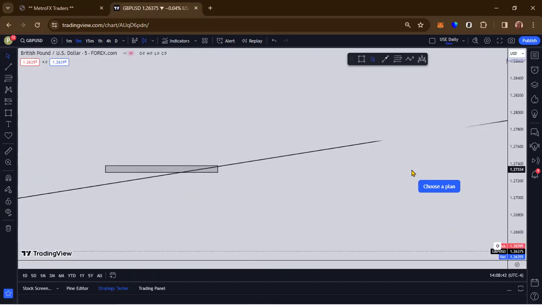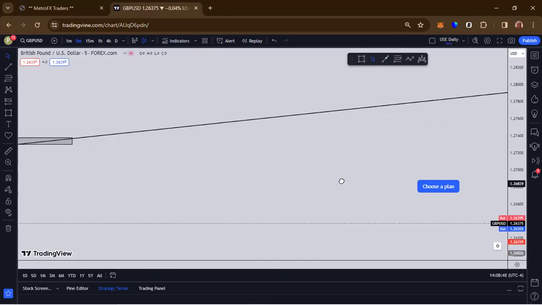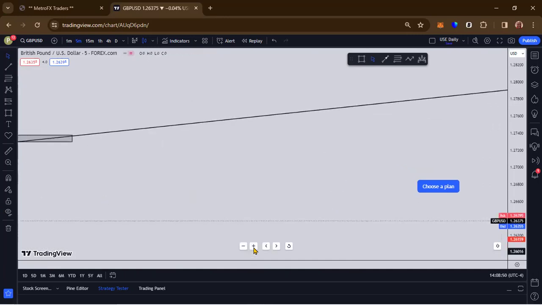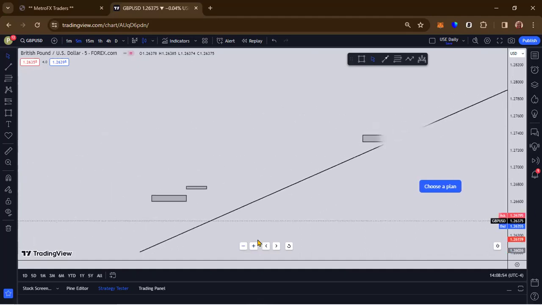Okay, here they are. Oh, it's not letting me go that far back. TradingView is not letting me go that far back. All right, so basically, wow, didn't know they would not let me go that far back.